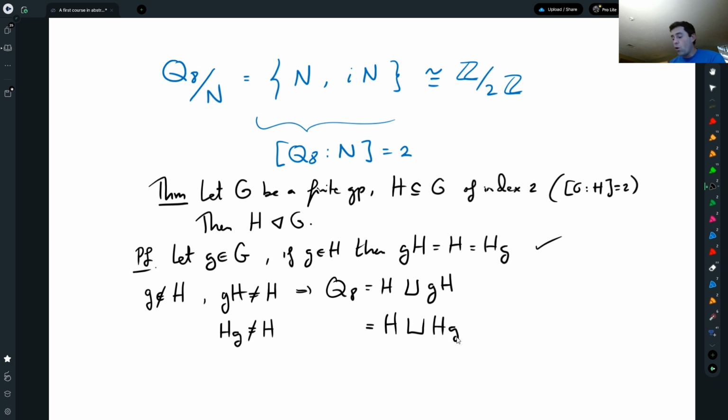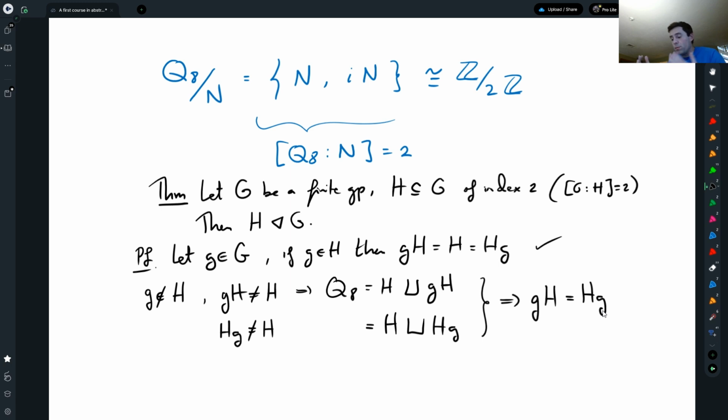And now if you compare the sets, since these are disjoint unions, what I must have is that the left coset is actually the same as the right coset, because I have a disjoint union of G as H union something, H union something, and those two things have to be exactly the same.